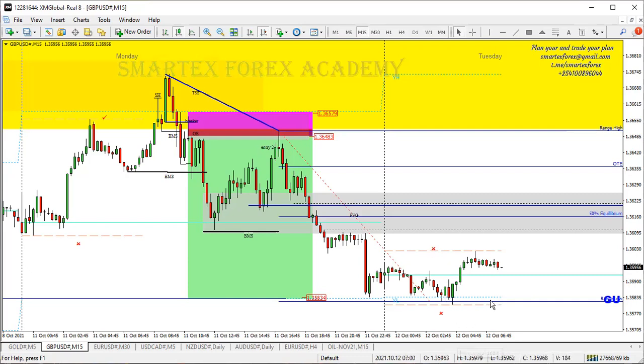So we expect first, because this is a BMS here, we expect a return to this OB, to push the market up to our zone, take out this buy side liquidity, take out these highs right into this zone.